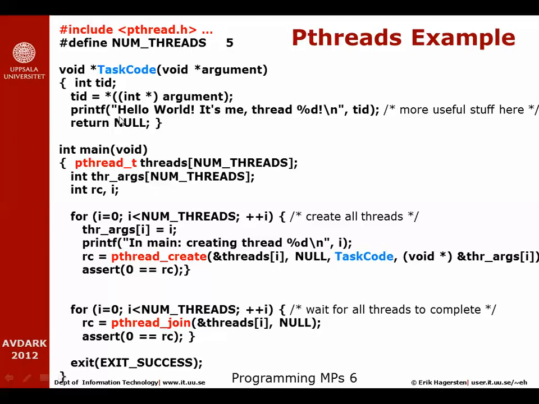Now we created all those threads, which means we will see hello world printed 5 times by the different parallel threads. Then at the end we wait for all the threads to complete, and we check to make sure that they completed in a sane way. So we do a pthread_join.